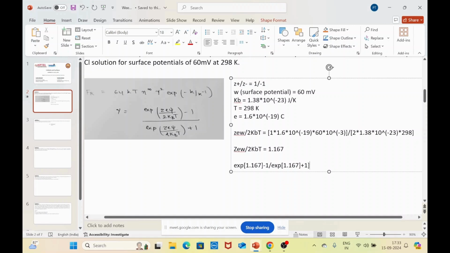If you find any differences, please let me know. Whatever answers I get, if you get something else, please let me know.